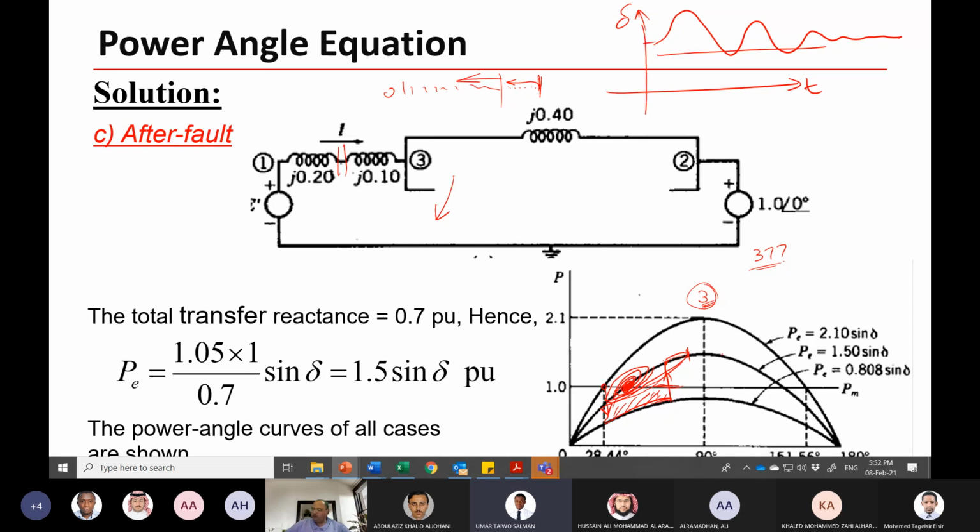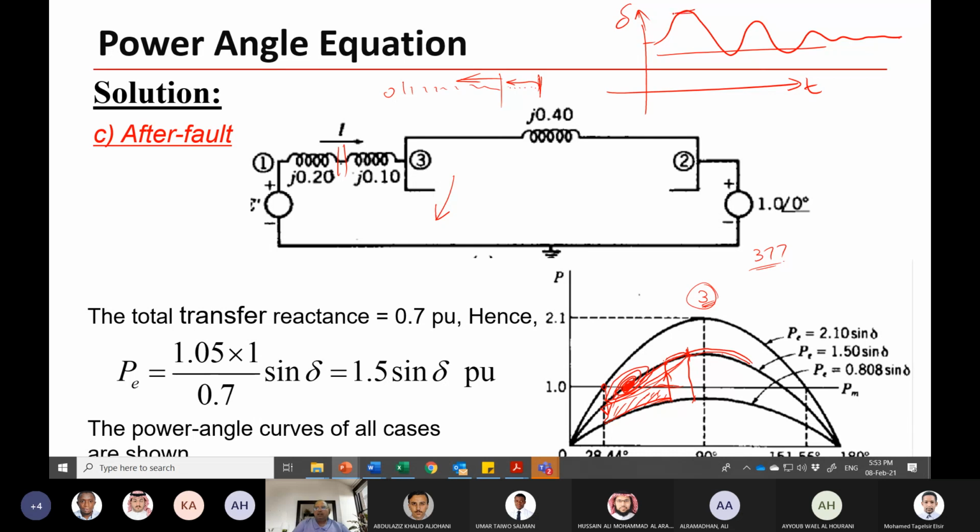Ayub Al-Horani, do you have a question? Sorry, doctor, this is all under the condition that 90 degrees should not be exceeded, right? So the fault should be cleared before exceeding the 90. No. You can isolate the fault here, and then the angle can go up, but it will go back.